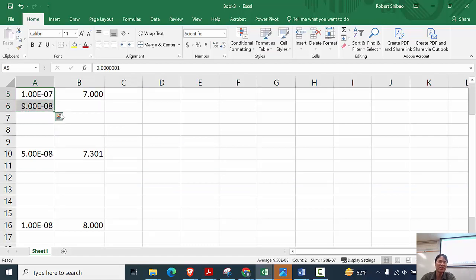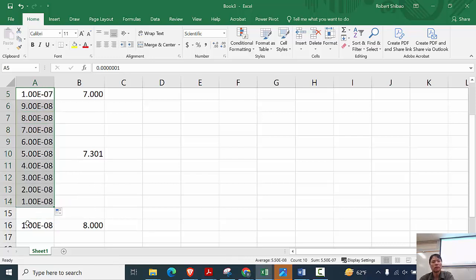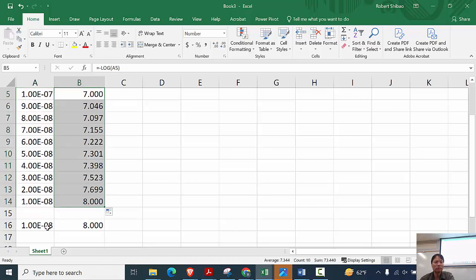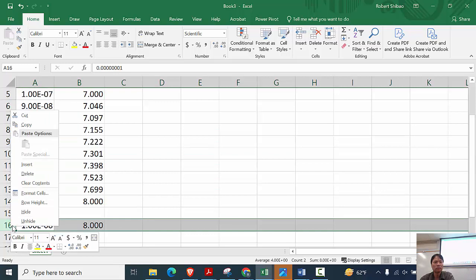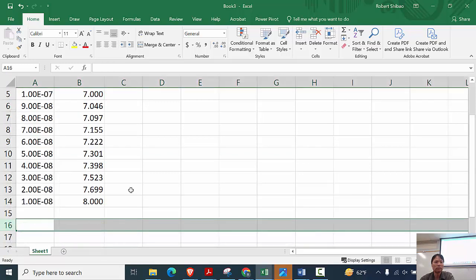And so let's take a look at how this changes. And it's kind of weird how it changes.